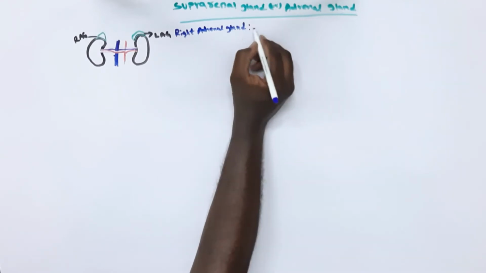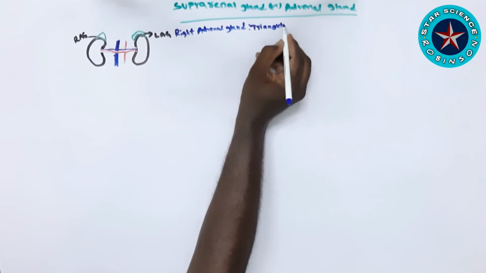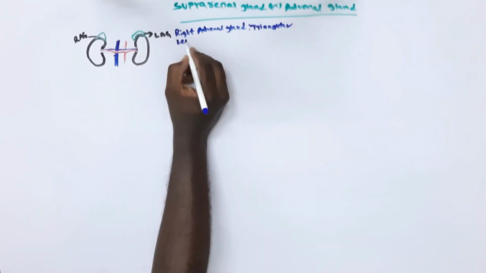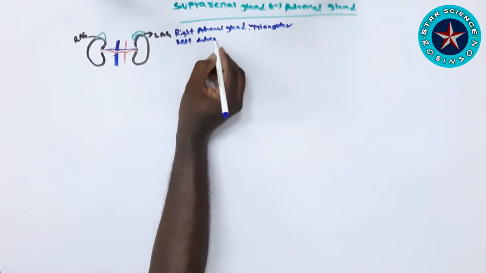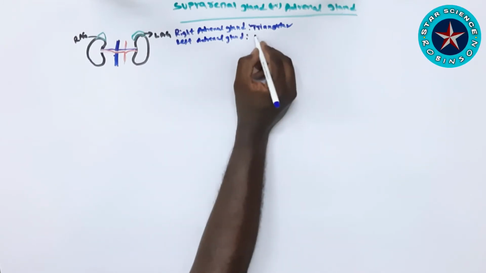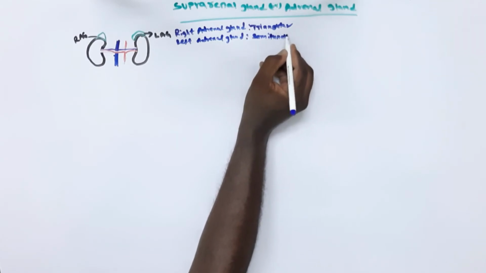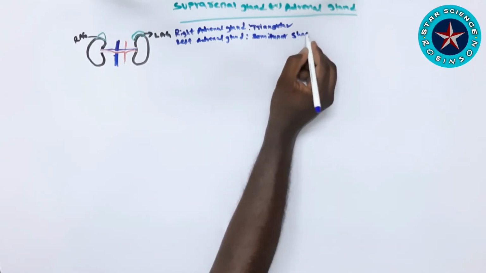The left adrenal gland is semilunar in shape.